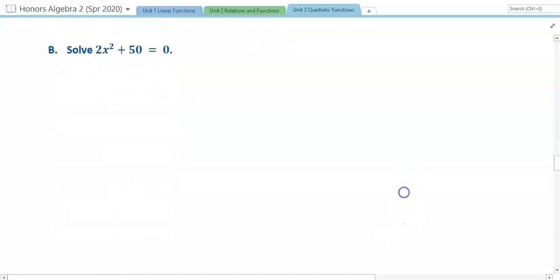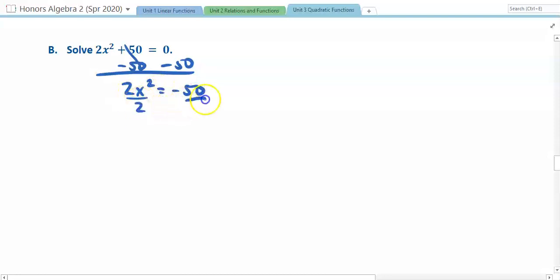All right, so again, I'd like to pause for a second and take a second to try this problem. All right, so 2x squared plus 50 is equal to 0, so my first step is to subtract the 50. Again, these steps aren't any different than what we've done before. Divide both sides by the 2, so we get that x squared is equal to negative 25.